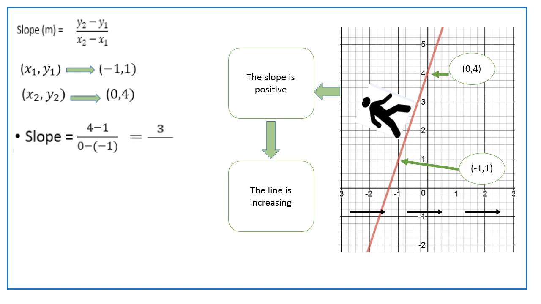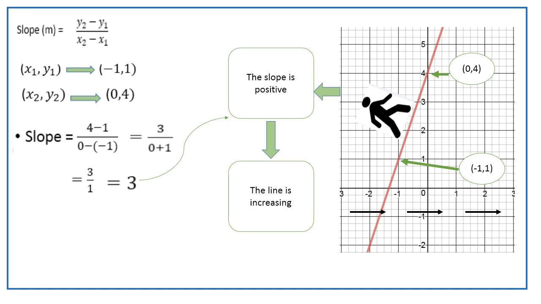Then 4 minus 1 is equal to 3. And as we know that minus multiplied by minus is a positive, then minus multiplied by minus 1 will be positive 1. Then the result will be 0 plus 1, so the slope is 3 over 1, which is equal to 3. It is observed that the slope is a positive number, as we concluded from the graph.